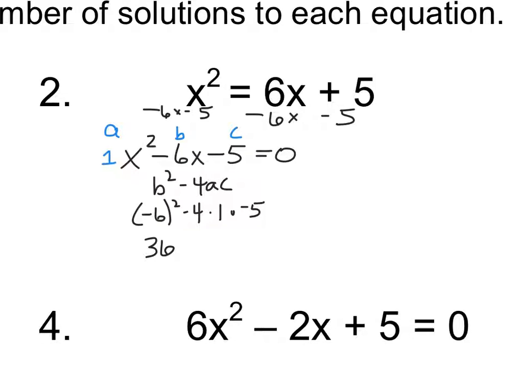Negative 4 times negative 5 is positive 20. And then 36 and 20 is 56. Now, as I look at that number, is it positive, negative, or 0? In this case, it's positive. So because it's positive, I'm going to have 2 real solutions.